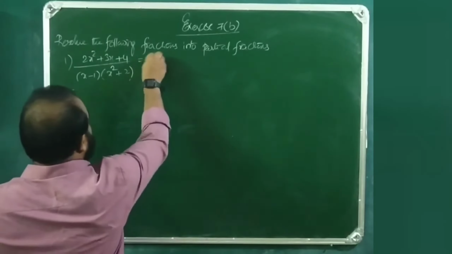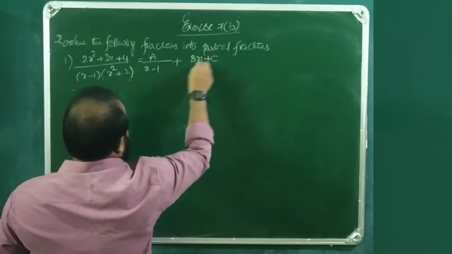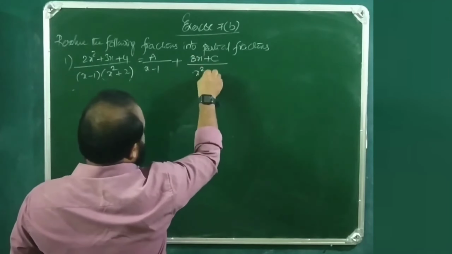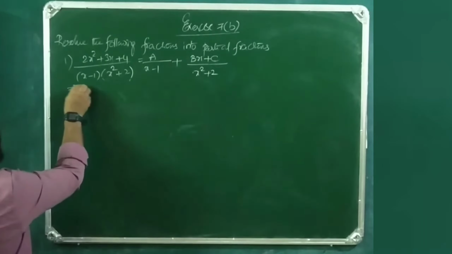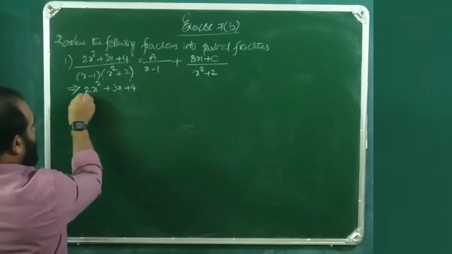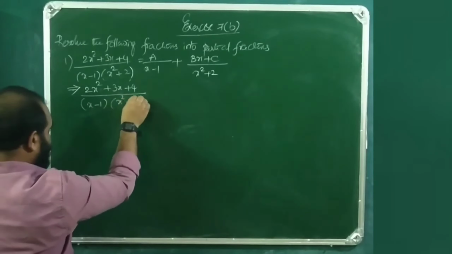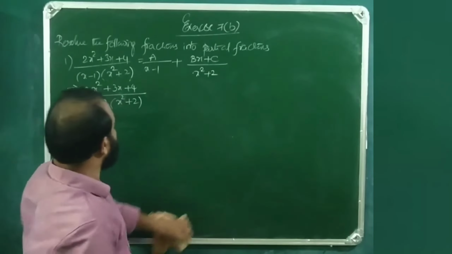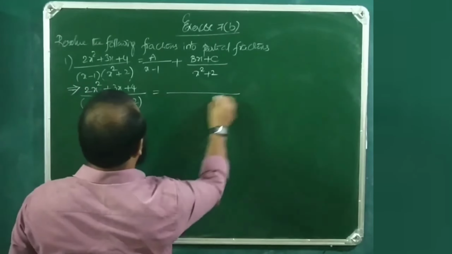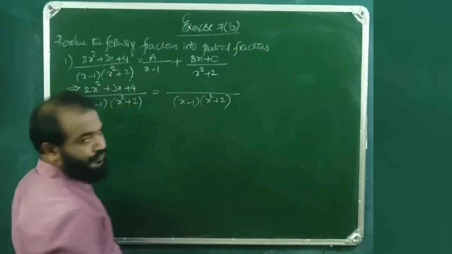A by x minus 1 plus bx plus c by x square plus 2 is equal to 2x square plus 3x plus 4 by x minus 1 into x square plus 2. LCM is x minus 1 into x square plus 2.